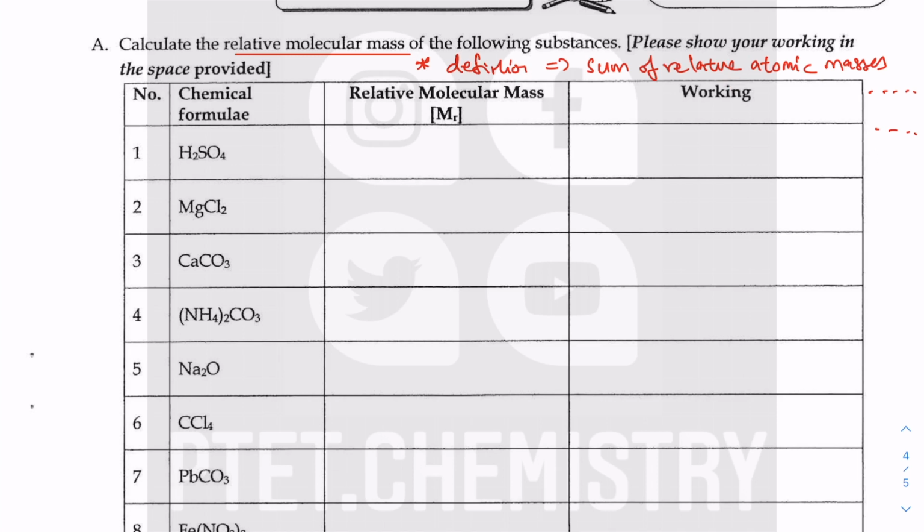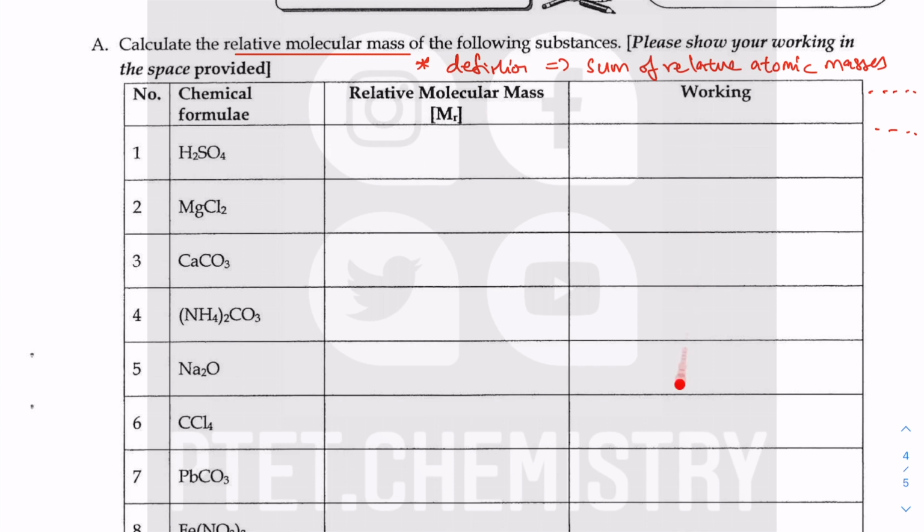For A level it's the data booklet, and for O level chemistry as well as combined science chemistry, you're given the periodic table, which states the relative atomic mass. So we have to sum up the relative atomic mass for each of the atoms present to calculate relative molecular mass.